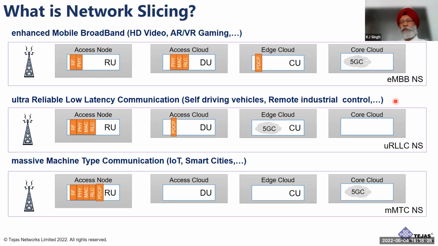There is a machine-centric use case, which is a very difficult use case, where all the functionality or most of the functionality really happens at the access nodes, and most of the computing also is at the edge, right? This is essentially where you need ultra reliable, low latency communication, URLLC, like it's called.